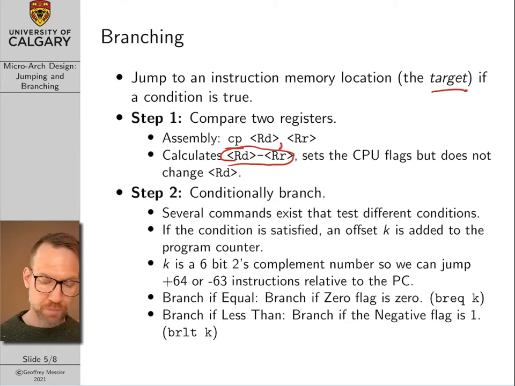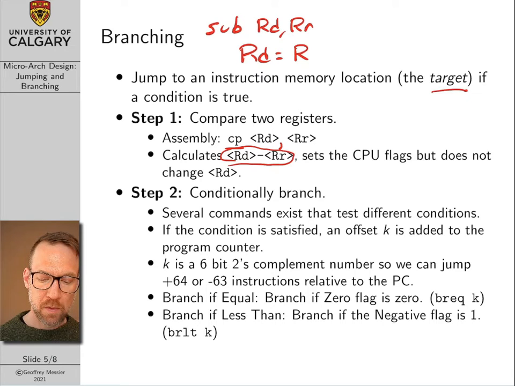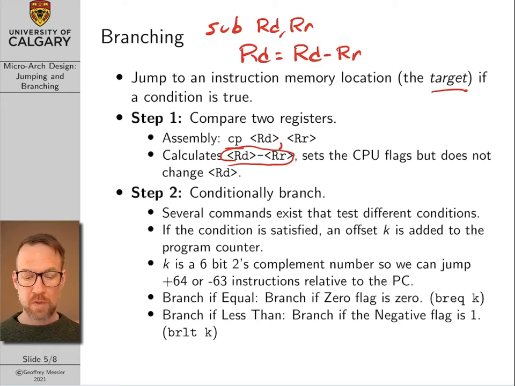Normally when we call the subtract command, SUB RD, RR, this implements RD equals RD minus RR. So we take the difference between RD and RR, and then we update the result in RD. Compare does exactly the same thing, except it doesn't change the value in RD. However, it does set the CPU flags.